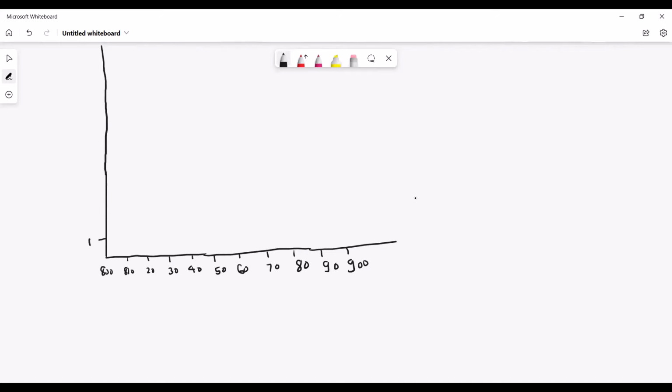We will write it as 1, 2, 3, 4, 5, 6, 7, 8, then 9 will be enough.